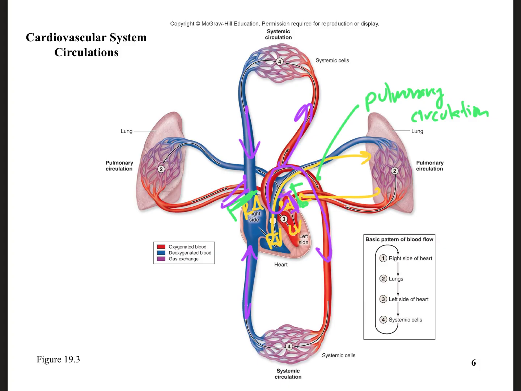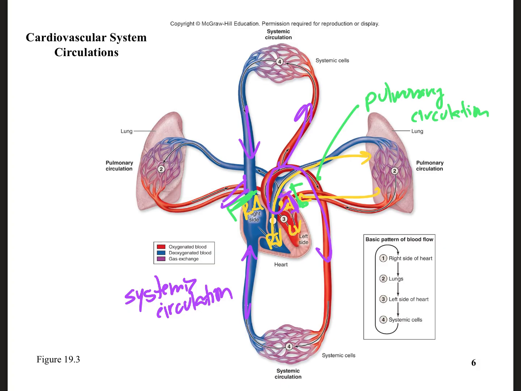That is your systemic circuit. Pulmonary, right side to the lungs, and then as it comes back from the lungs, left side is your systemic circuit. Left atrium out to the body, and from the body back to the right side of the heart.